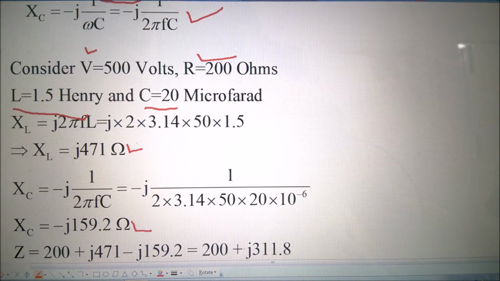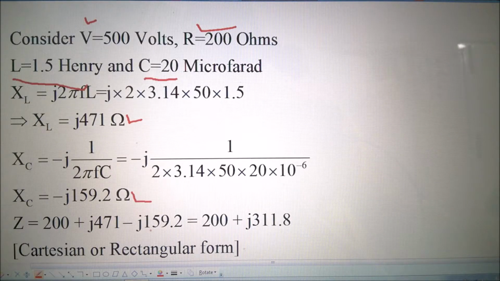And already I told that resistance is the real part. Resistance is the real part, that is 200, and reactances are in the imaginary part.